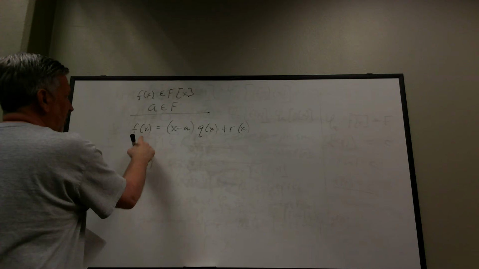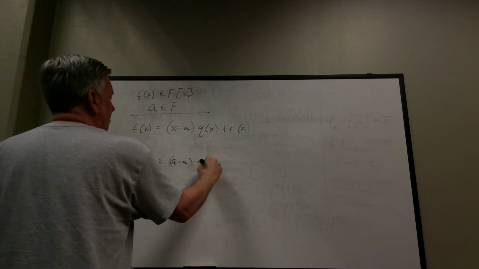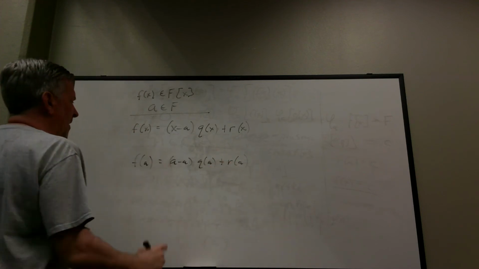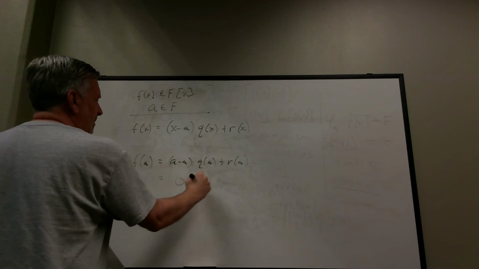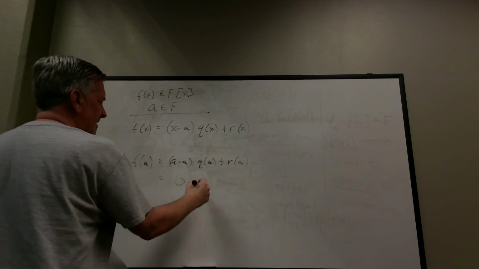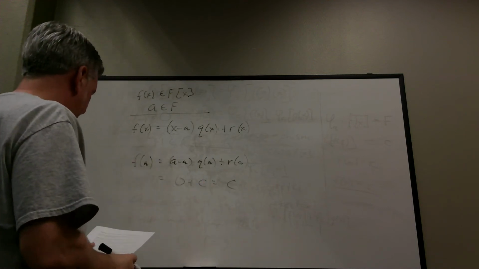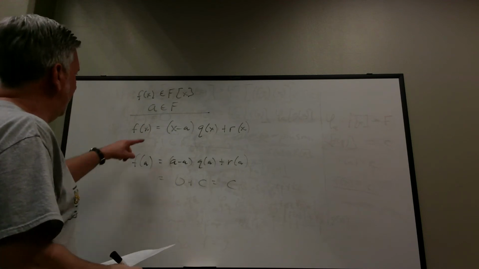f of a, if I plug in a, I get a minus a, q of a, plus r of a. But that's 0, because a minus a is 0. And we just said r of a is some constant c. Okay, and so what's the remainder when f of x is divided by x minus a?